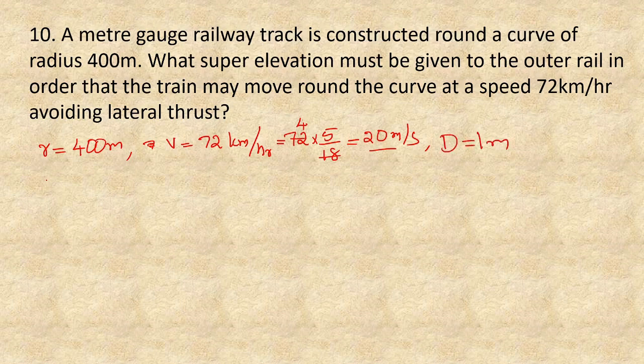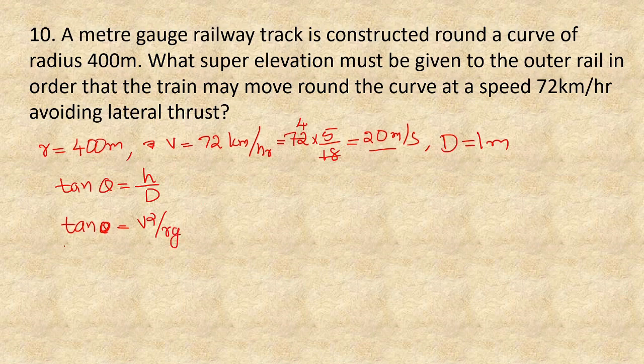Okay, so what is the formula for the super elevation? Let me do the proof again. Tan theta is equal to h by d. Similarly, tan theta is also equal to v square by rg.